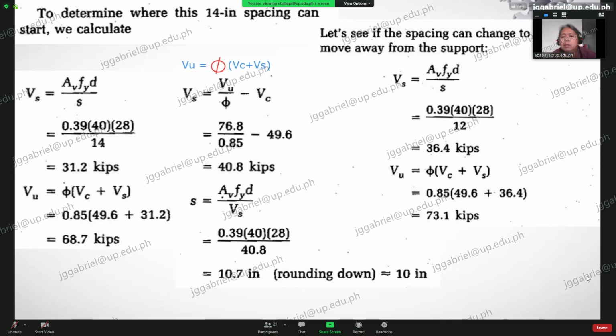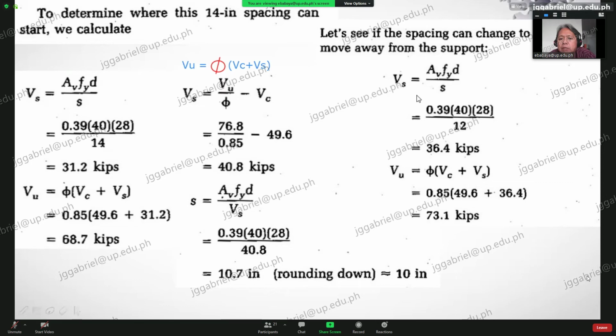So now, it says here, let's see if the spacing can change to 12 inches as we move away from the support. Kasi 10 inches ito, no? Gusto lang subukan kung okay pa yung 12 inches sa where it is located. Okay.